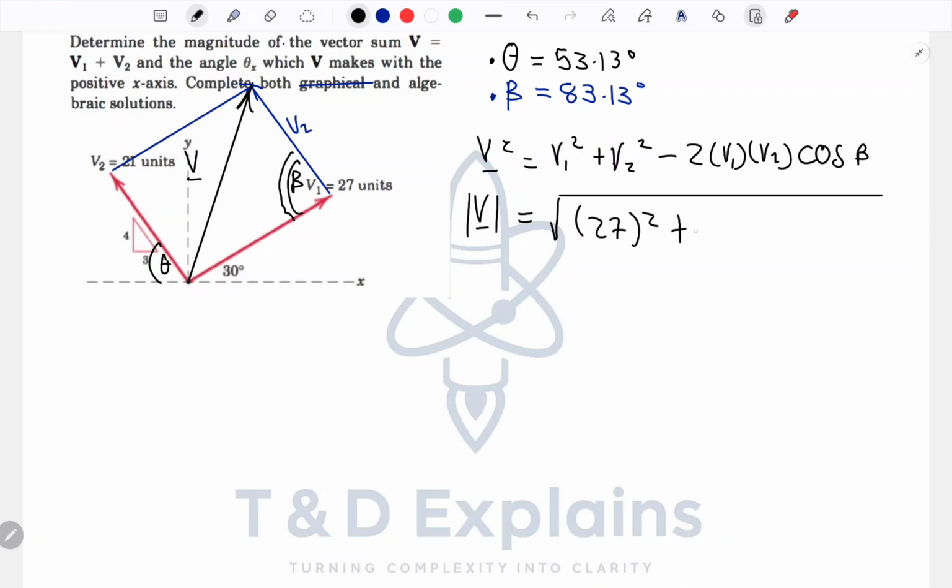And what is V2? Maybe this might confuse some of you: V2 is this side, and we took it from here because they are equal, so I just put it that side. So it's going to be V2 squared. V2 is 21, so 21 squared minus 2 times 27 times 21 cos of what?